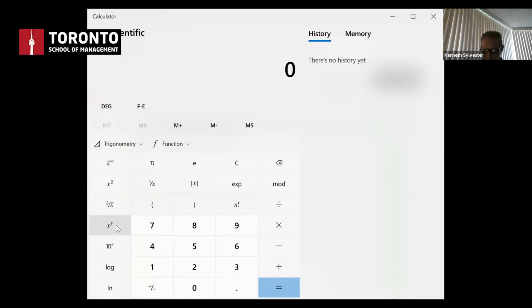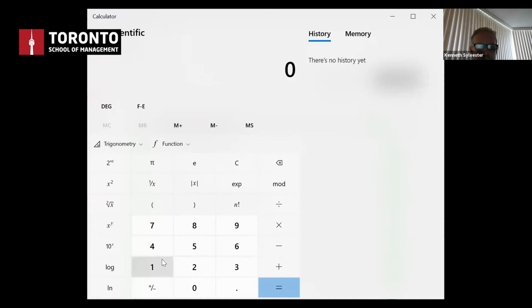There it is. It's a simple calculator, but if you turn your phone sideways, it gives you a scientific calculator, which is what you need in order to do these calculations.